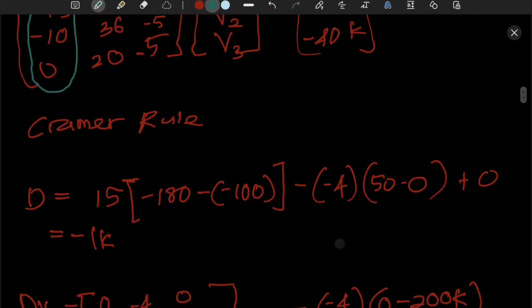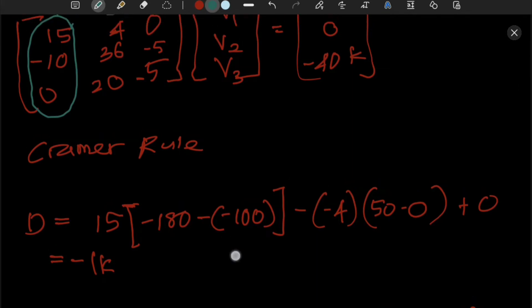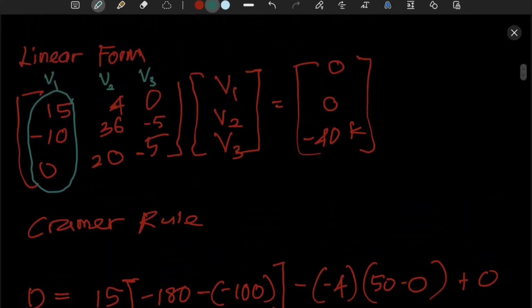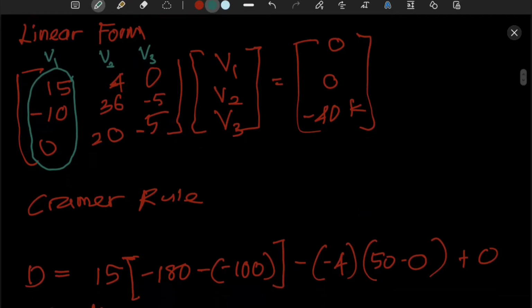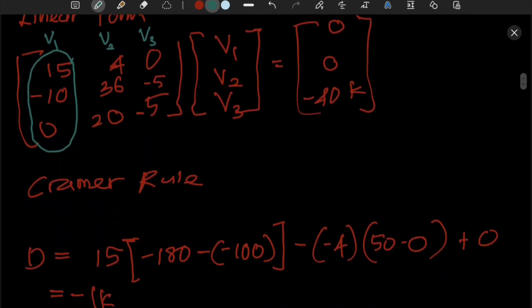First, using Cramer's rule, we need to find the determinant itself. The determinant here we can calculate as normal.